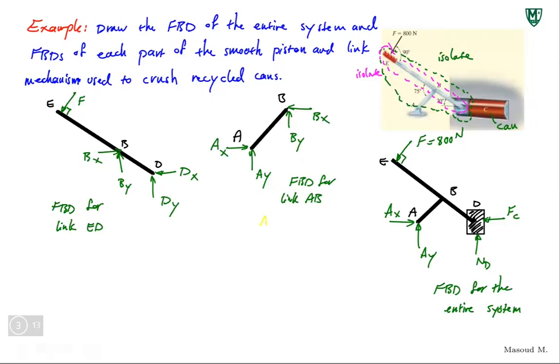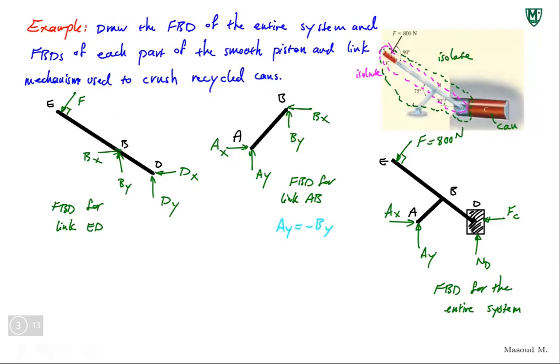You're going to get AY is equal to minus BY, meaning that BY should be flipped. Now, once you flip BY, you have to go back and flip it on this one too. So on this also it should be in this direction.